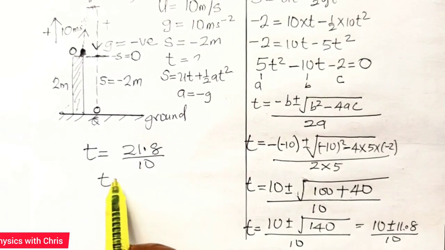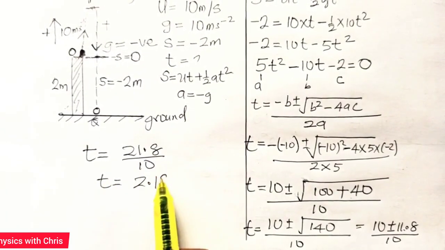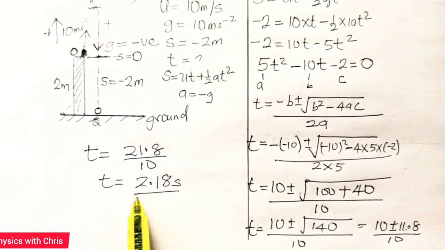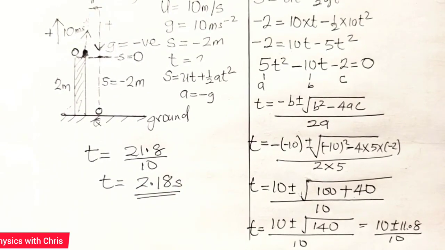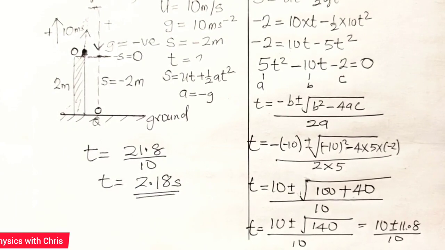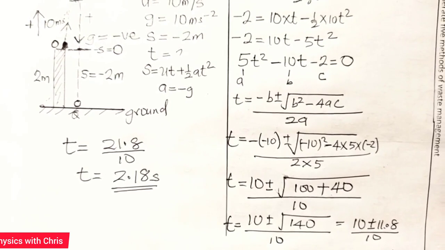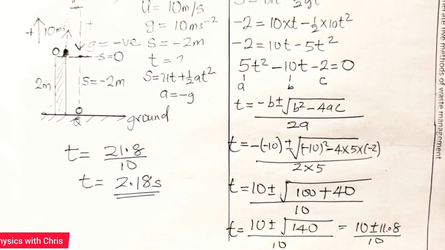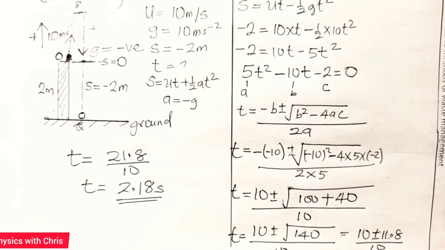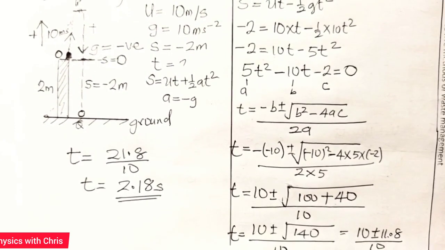So to 2 decimal places that gives me 2.18 seconds. So you're going to take a time of 2.18 seconds for this body to hit the ground from the level of projection. I want to believe that you fully understood the solution of the question.